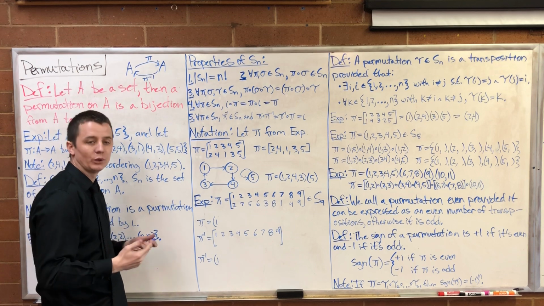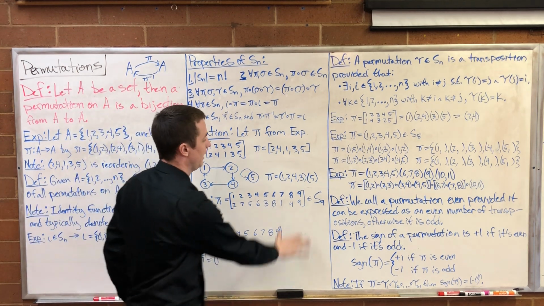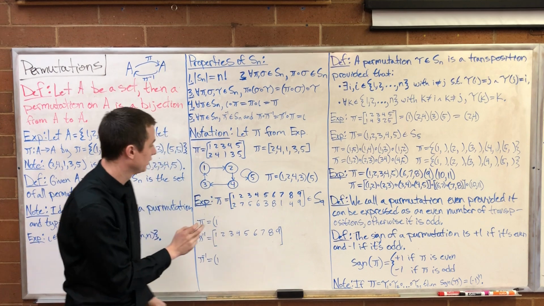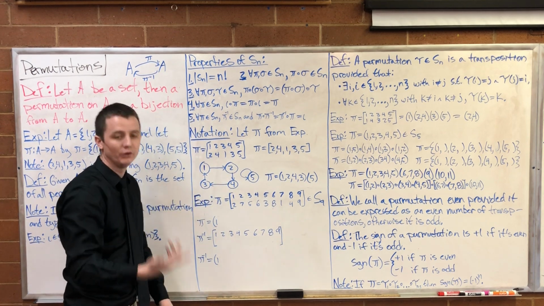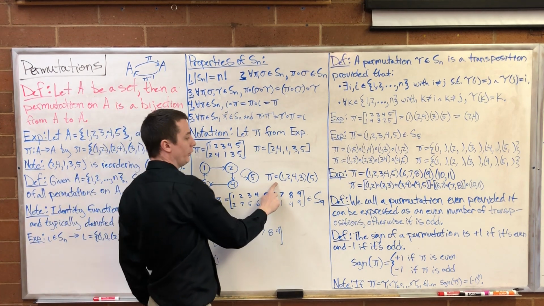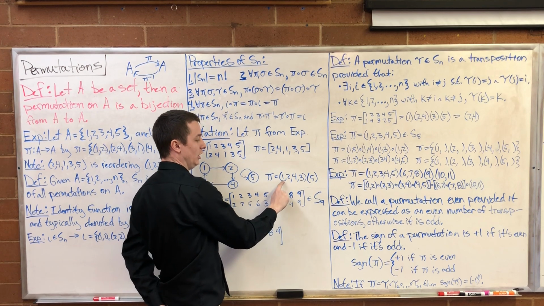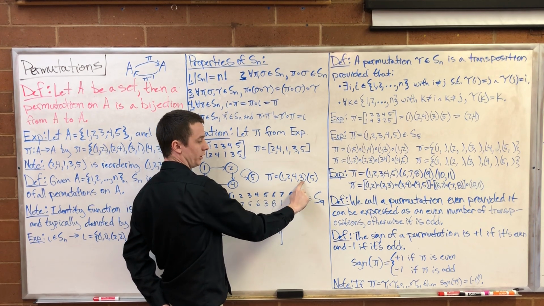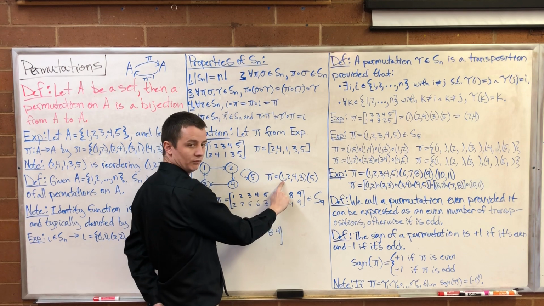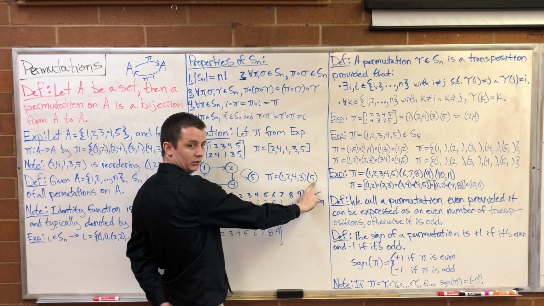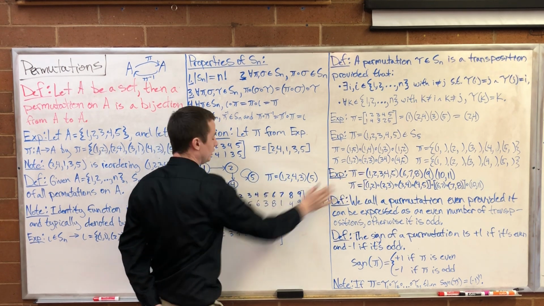Okay, so then we also have what's called cyclic notation. And the reason we call it cyclic notation is because it captures the cycles if we were to graph this thing. So how do you read cyclic notation? We say 1 goes to 2, 2 goes to 4, 4 goes to 3, 3 goes back to 1, and then 5 goes to 5. And you keep doing that for every cycle you have.